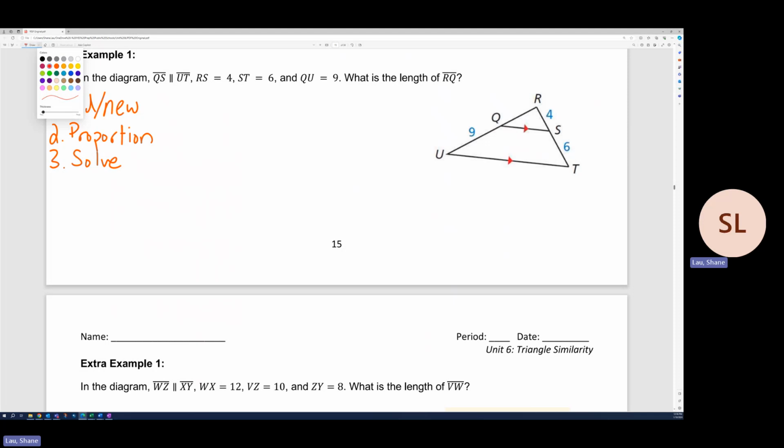Okay, and so now that we're ready here, let's actually read the problem. So in the diagram, we're shown that QS is parallel to UT. Now, immediately, we should be triggered to think, well, I know that two of these segments are parallel. And if I look at the diagram, it shows that's the case.